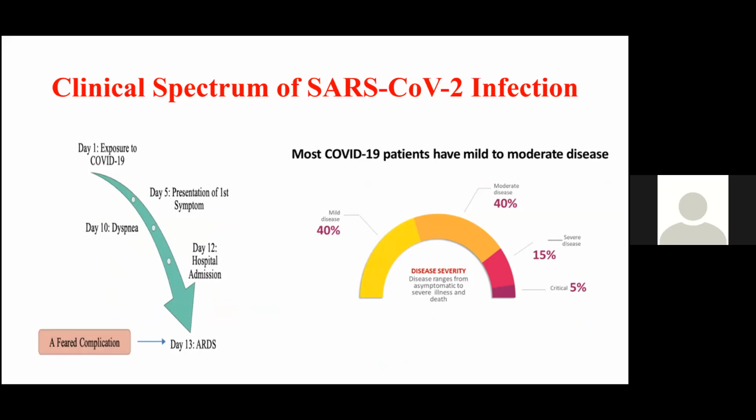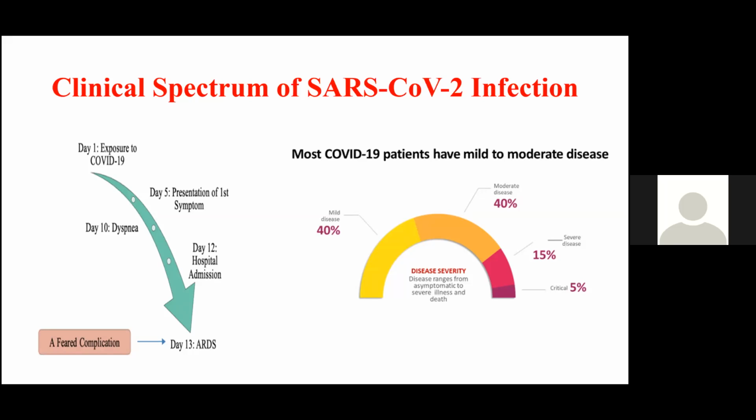Now, the clinical spectrum of SARS-CoV-2 infection. There is a day of exposure to COVID. Maybe you meet someone with COVID and you don't get symptoms immediately. The symptoms are estimated to come after 5 days post-exposure.